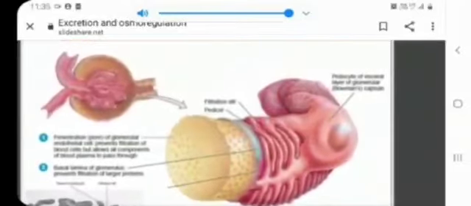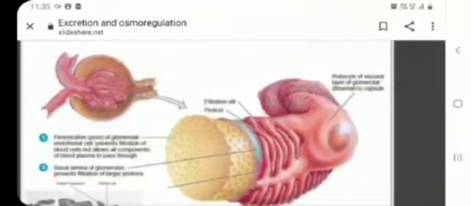As you can see, there are pores of glomerular endothelial cells which prevent the filtration of blood cells but allow the components of blood plasma to pass through. Then it has the basal lamina of glomerulus. It prevents the filtration of larger proteins.